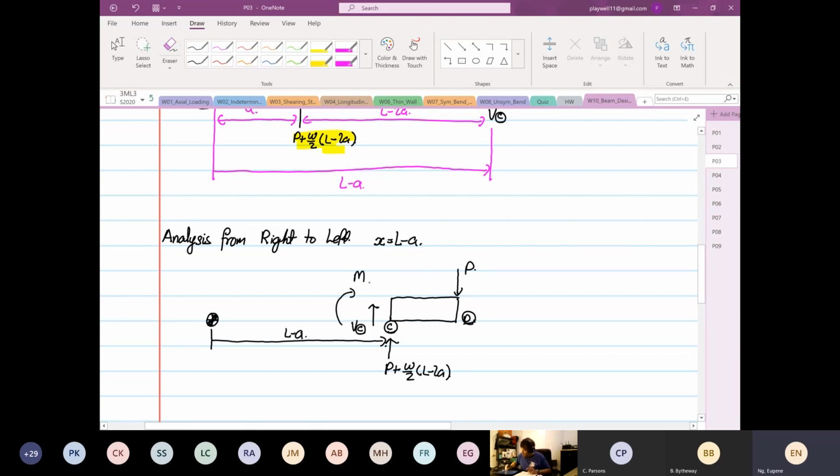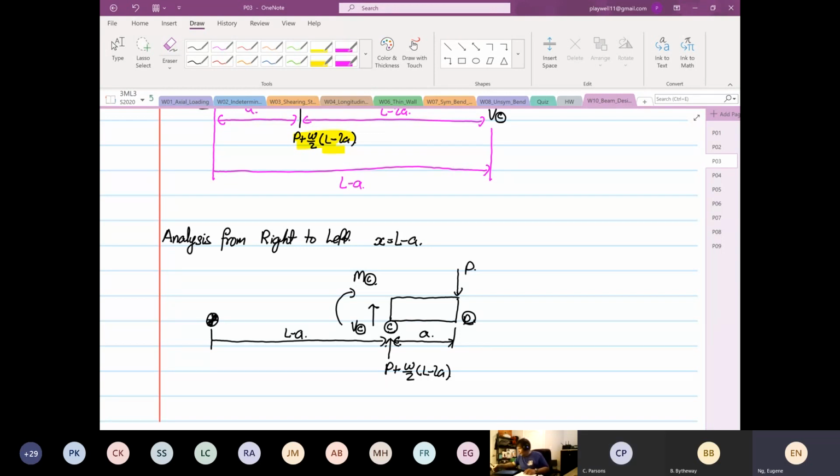And the distance from here to here, we know that this distance is equal to A. Eugene, isn't that a negative moment? Isn't that negative moment, the moment at C? Yeah. That is the notation that we assume: positive shear, positive bending moment if we do analysis from right to left.